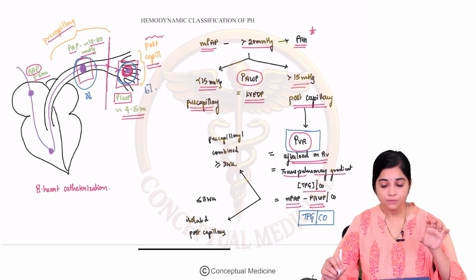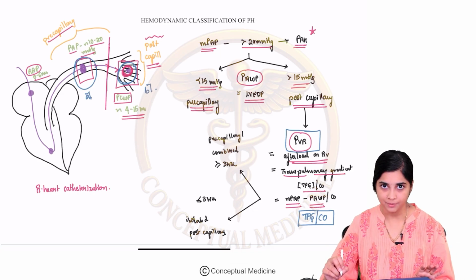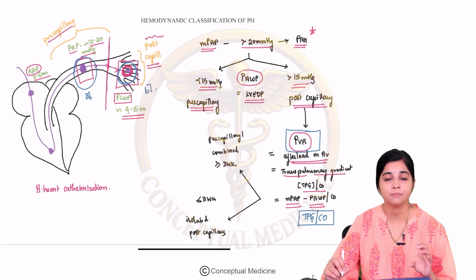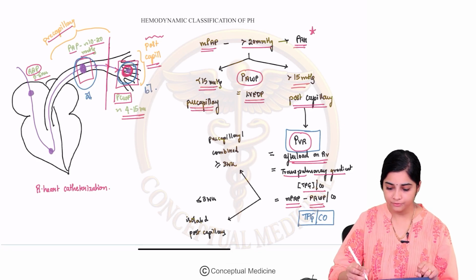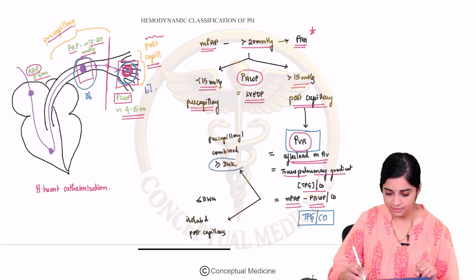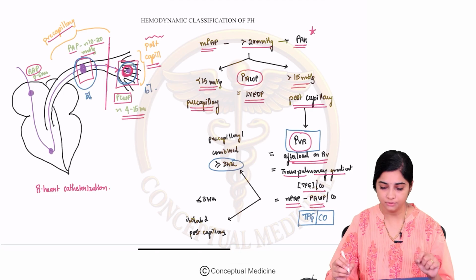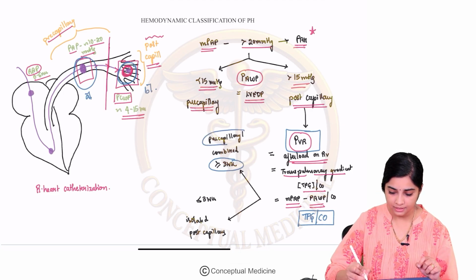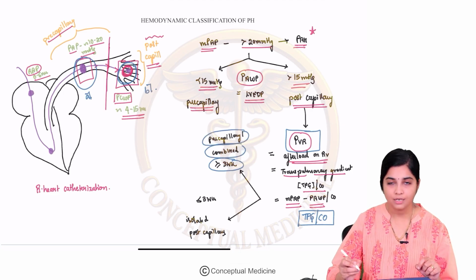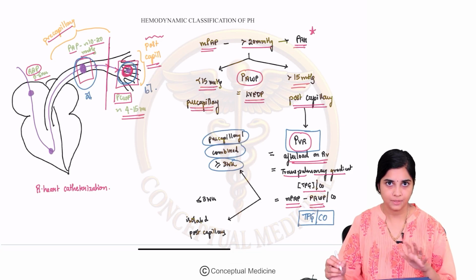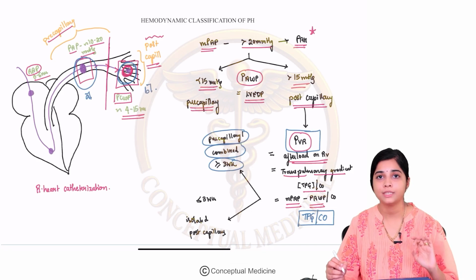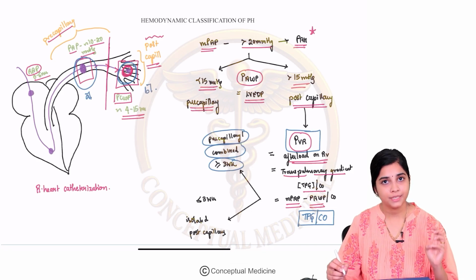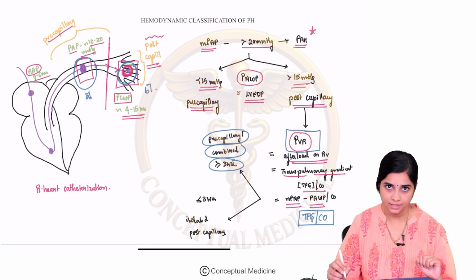Clear? So whenever you are looking at post-capillary pulmonary hypertension, you also have to look at the pulmonary vascular resistance, which is given by the transpulmonary gradient by cardiac output. If this value, pulmonary vascular resistance, is more than 3 Wood units, it is a pre-capillary plus post-capillary or a combined pulmonary hypertension.